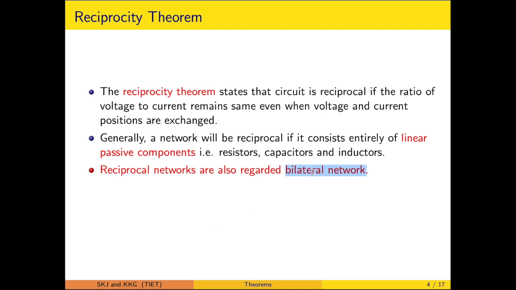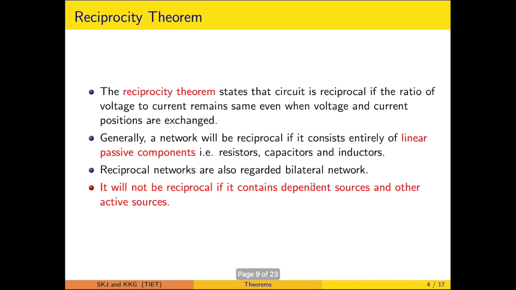However, the bilateral network requires that the performance should not be affected. Therefore it suggests that such circuits must be free from any active source, whether of independent or dependent nature.